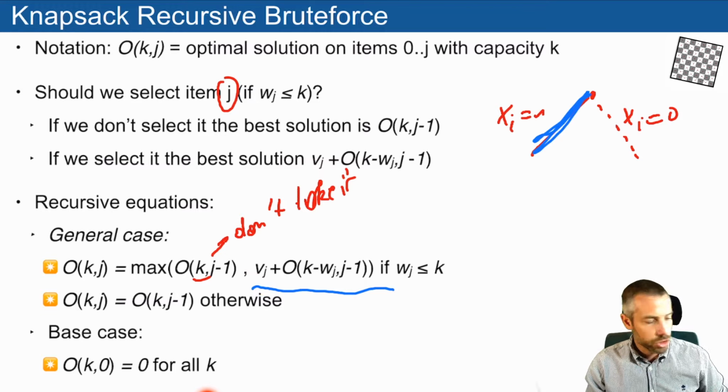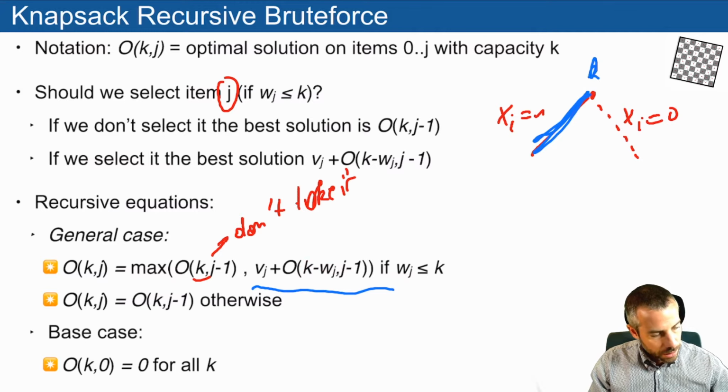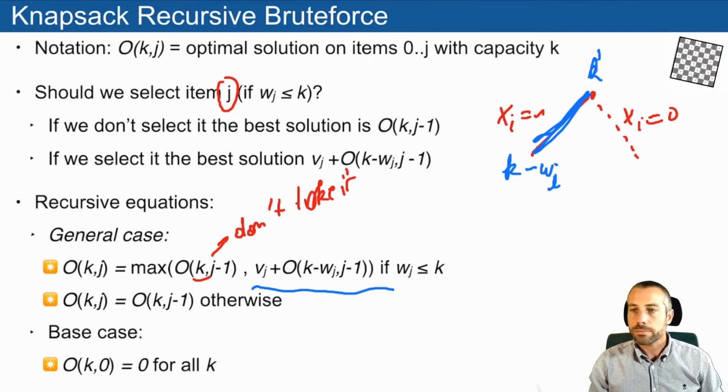So the objective function will be increased by v_j, plus the optimal solution with items from 1 until j minus 1, but you should also decrease the capacity. So if you start with a capacity k, the capacity that is left in your state is k minus w_j. And this is what I'm putting here in my recursive equation, okay?